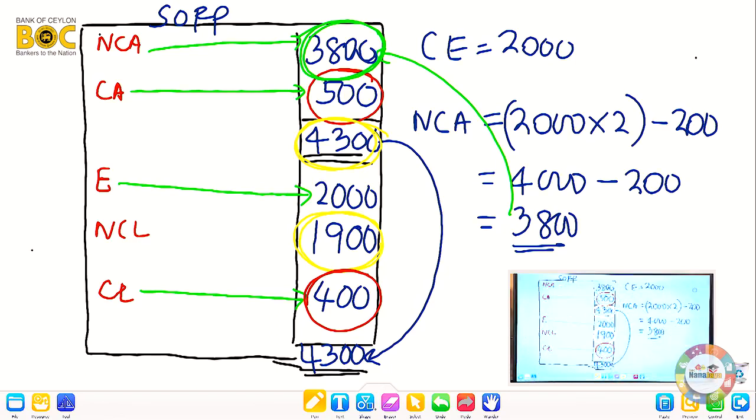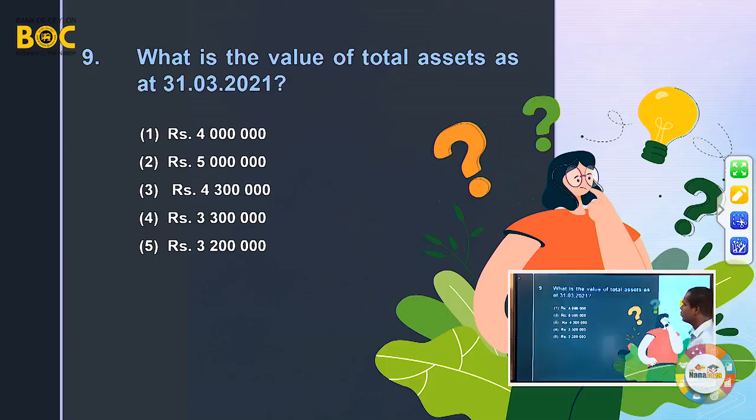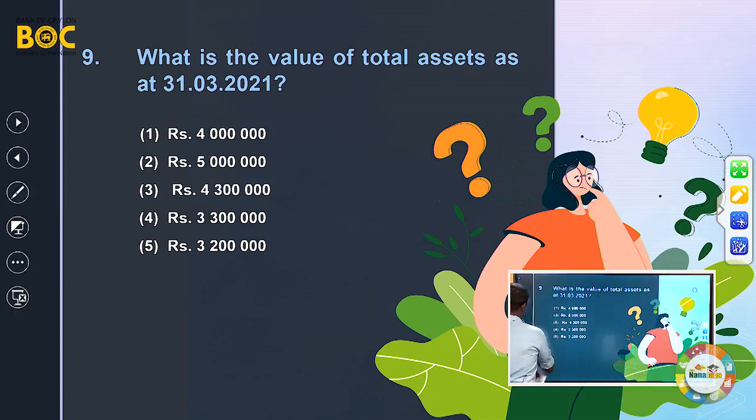Non-current assets 3.8 million, current assets 500,000. Addition came to 4,300,000 total assets. The answer is number 3, 4,300,000 rupees.